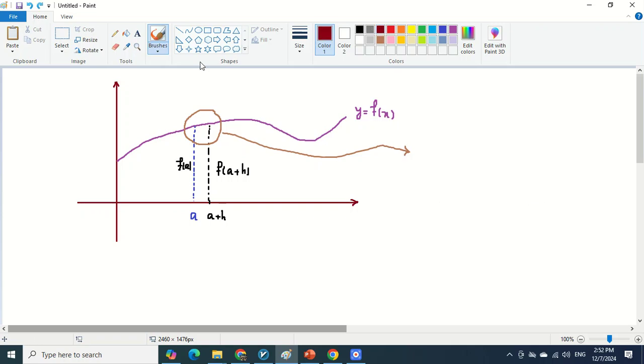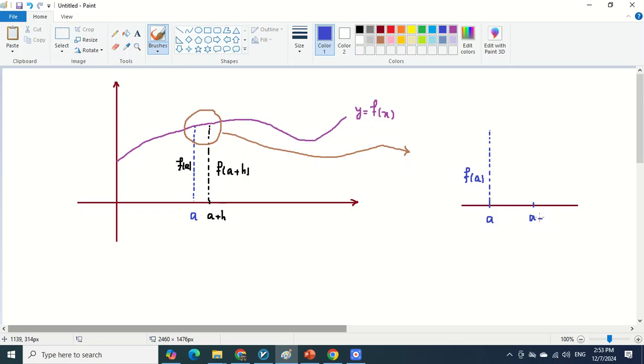At one side we have a point A that we denoted over there, and we have one height determined by f of A. So let me write it f of A, and I have one neighbor of A as well that I denoted by A plus H.